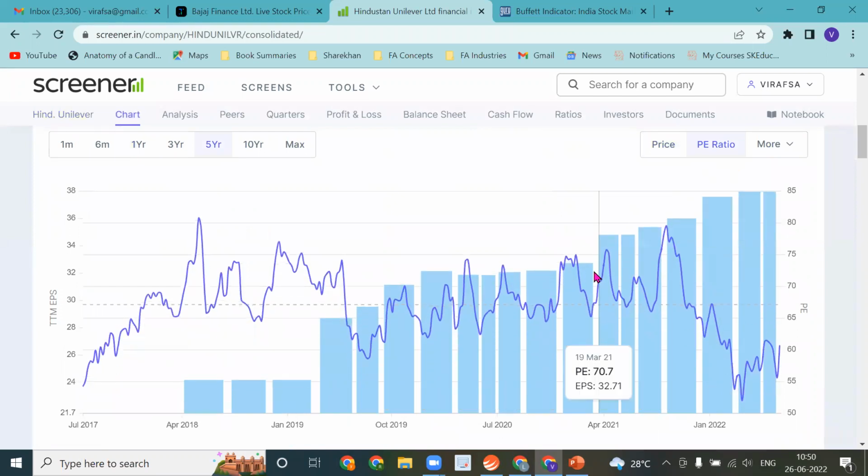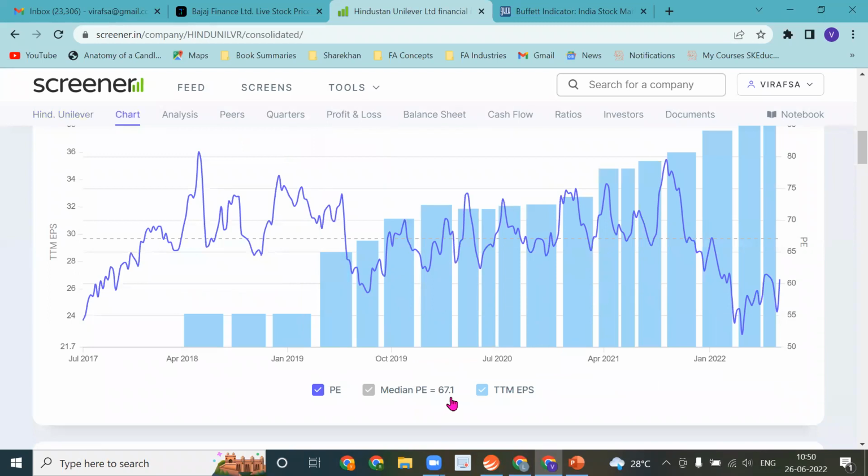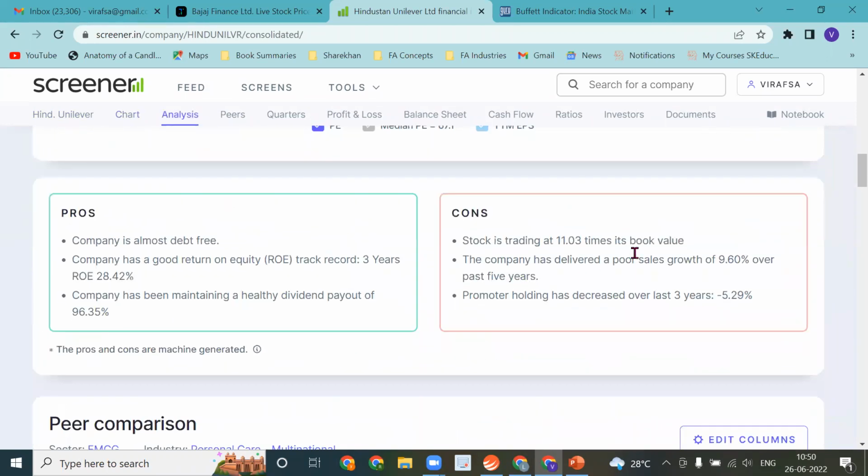See here, the PE ratio median line is around 67, and today the stock is around 55, sorry. Still it is high. The growth is poor.